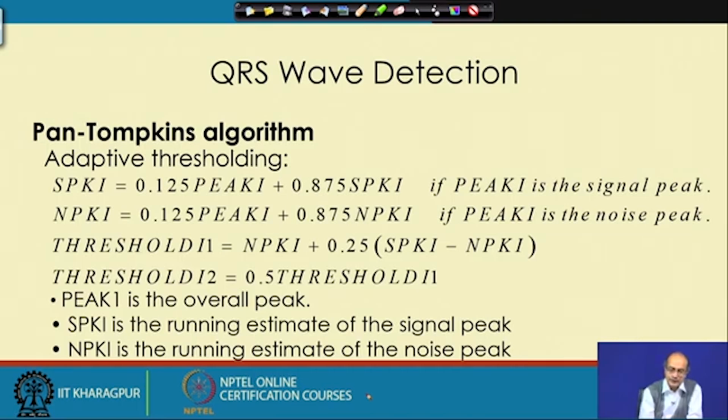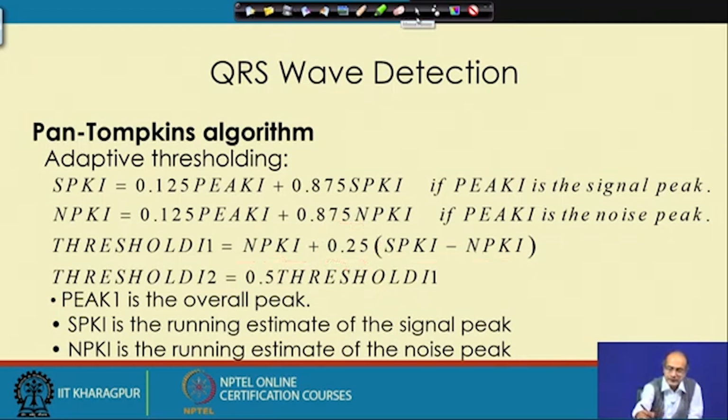So what they have proposed is that threshold 1 should be above the noise peak, that is the baseline, and then 1/4 of the difference between the running estimates of the signal peak and the noise peak is added to the noise peak. That would be threshold 1, and 50% of threshold 1 is taken as threshold 2.